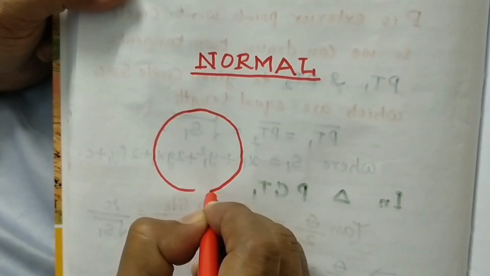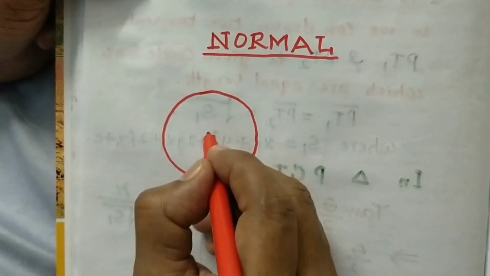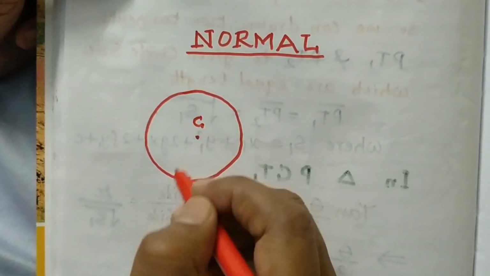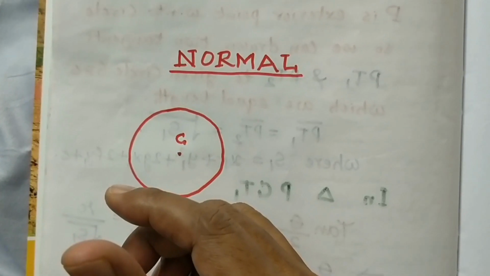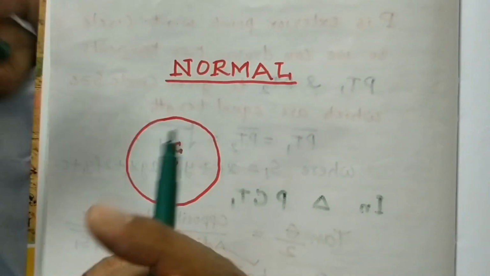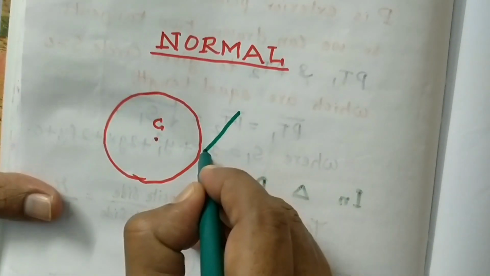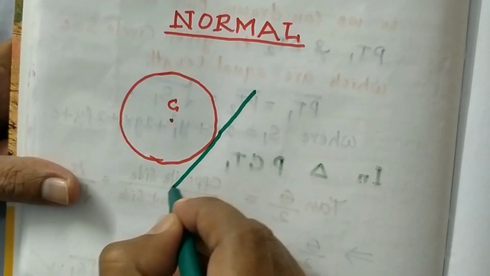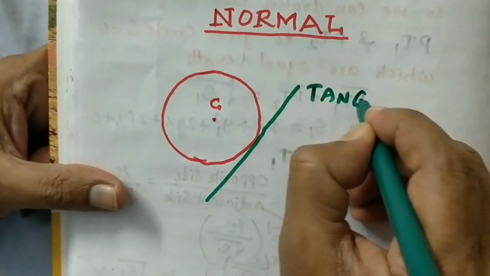This is a circle. Here I am taking the center, and what is this line? This line is called the tangent line.